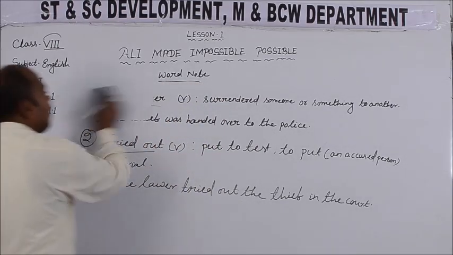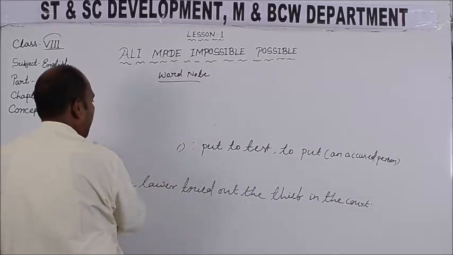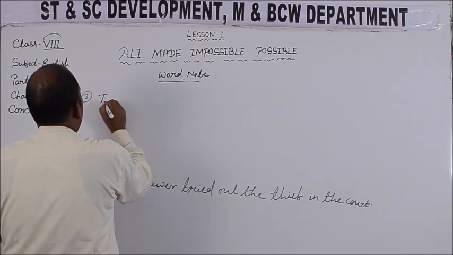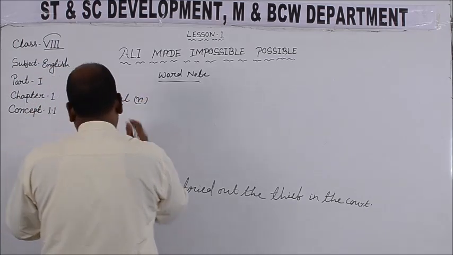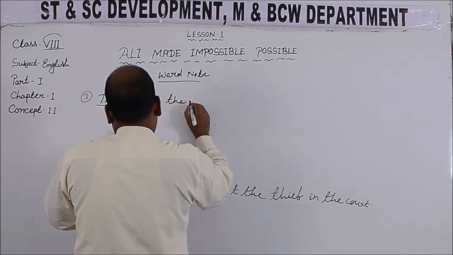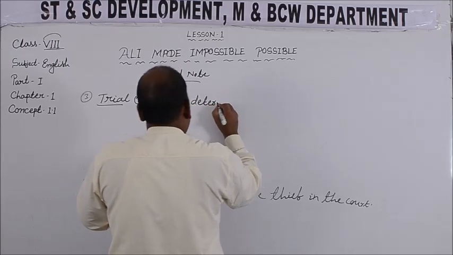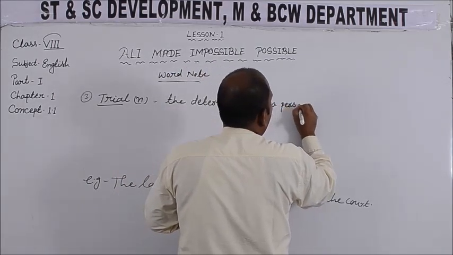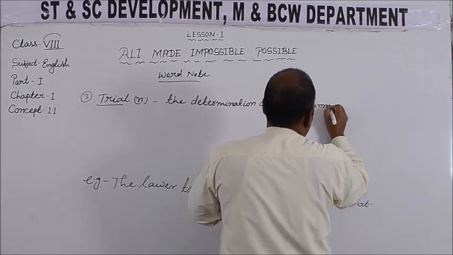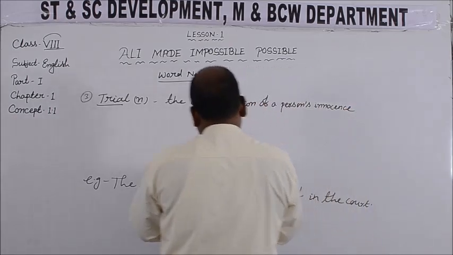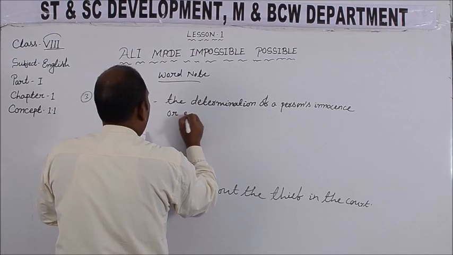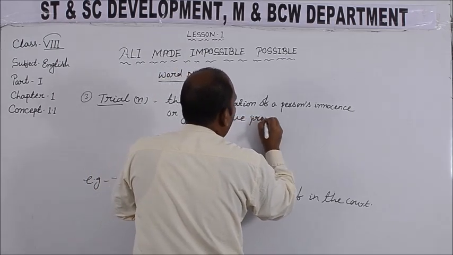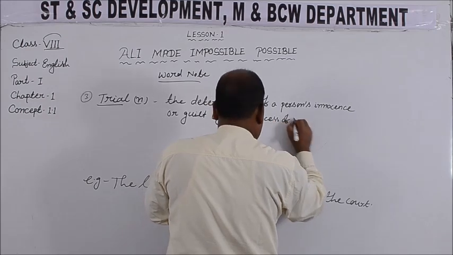Next word is trial. Trial is a noun. The determination of a person's innocence or guilt by due process of law.